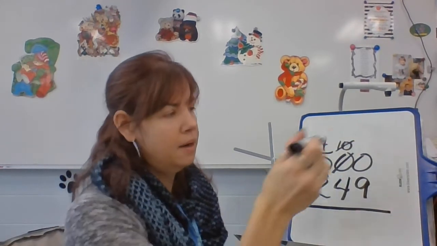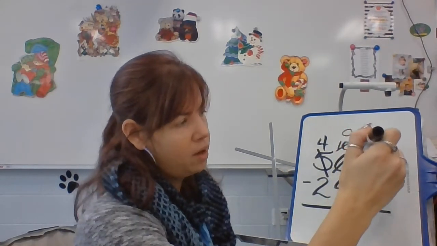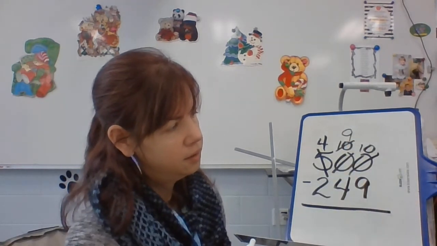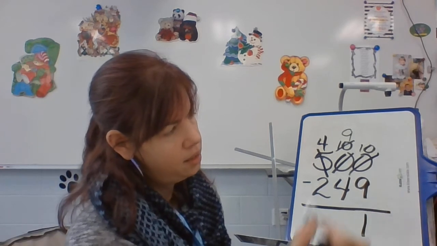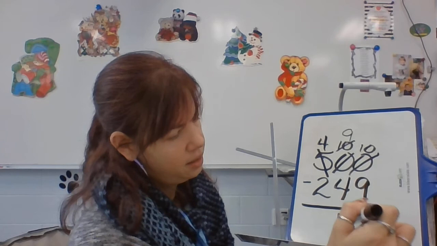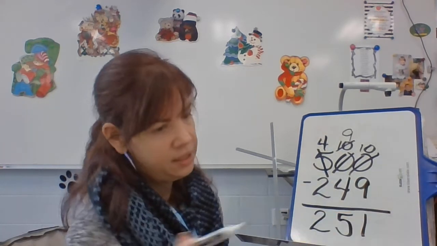The 10 becomes a 9. And the 1 that I regrouped goes next door. 10 minus 9 is 1. 9 minus 4 is 5. And 4 minus 2 is 2.